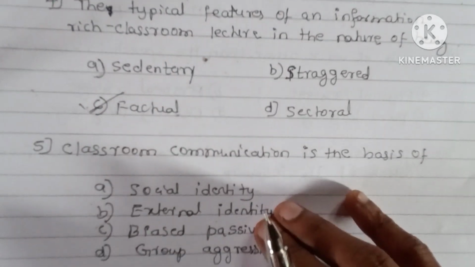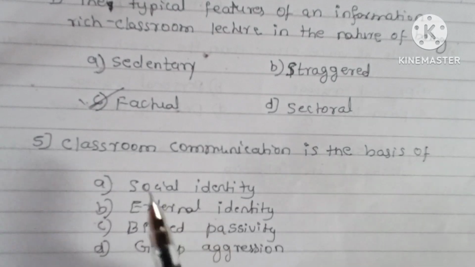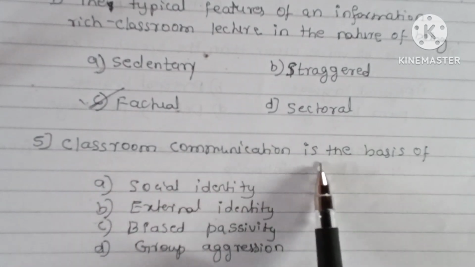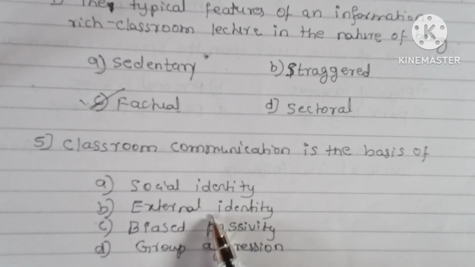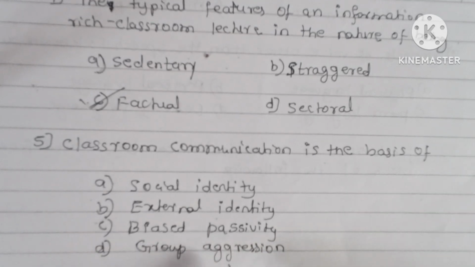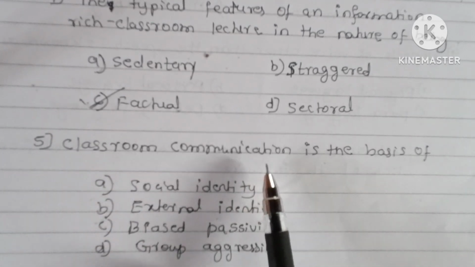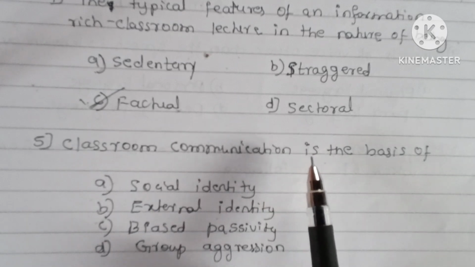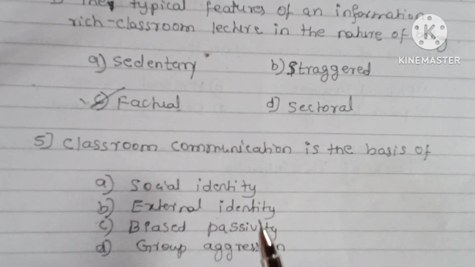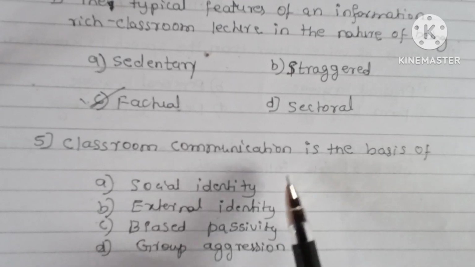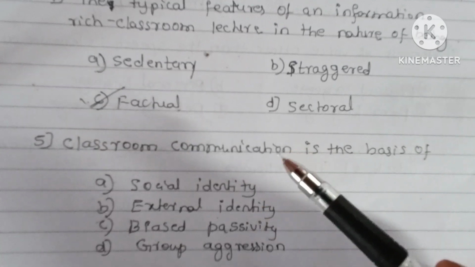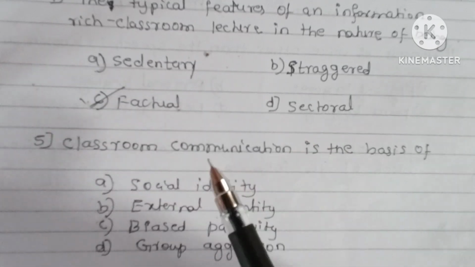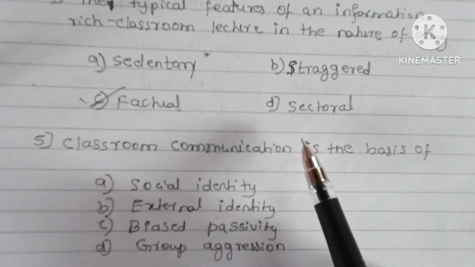Next come to fifth question. Classroom communication is the basis of social identity, external identity, biased passivity, group aggression. Classroom communication is the basis of social identity. Classroom communication is the interactive language and responses between the students and the teachers.